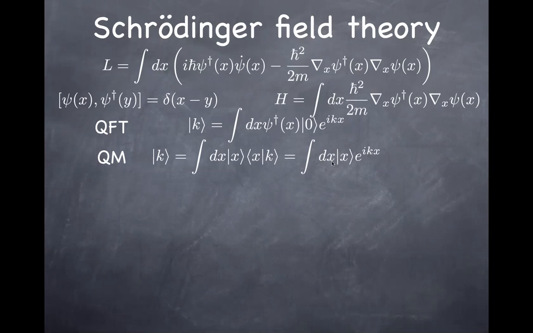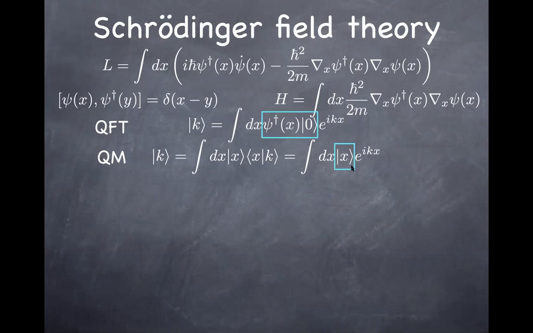This is exactly the same idea we used in quantum field theory. So psi dagger of x acting on the vacuum state gives you a position eigenstate of a single particle. And then I'm taking a superposition of that position eigenstate with this wave factor e to the ikx. So they are really in one-to-one correspondence. Namely, psi dagger of x acting on the vacuum state is really meant to be the same thing as this position eigenstate x in quantum mechanics.